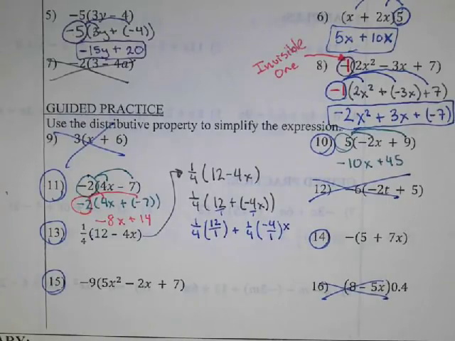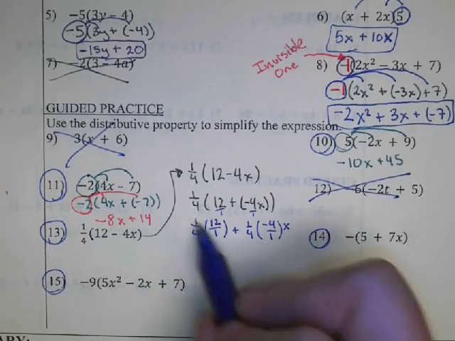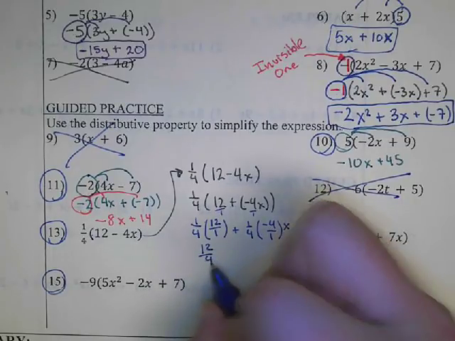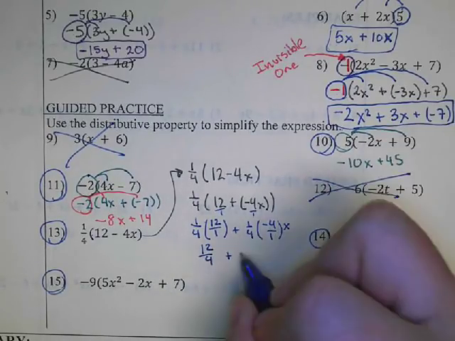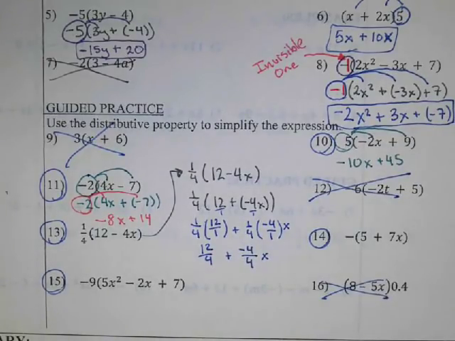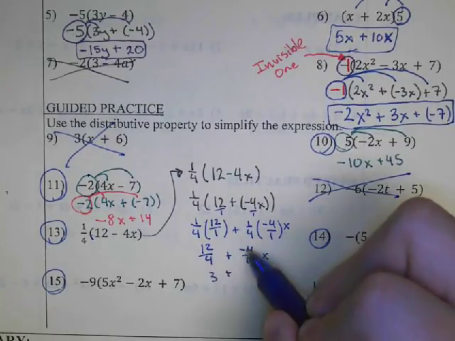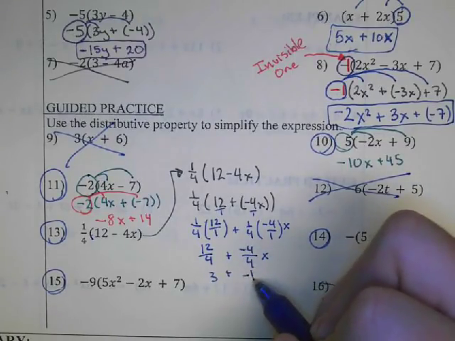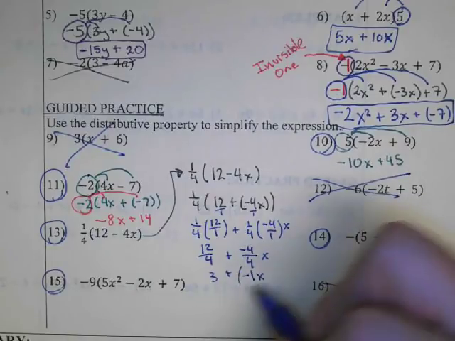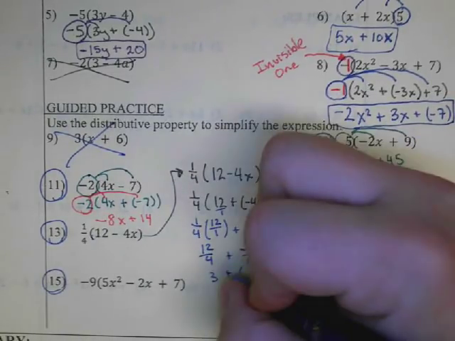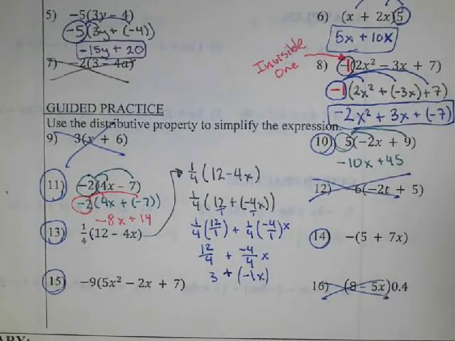Now let's simplify. 1 times 12 is 12 over 4 plus 1 times negative 4 is negative 4 over 4x. Clean everything up. 12 divided by 4 is 3 plus negative 4 divided by 4 is negative 1x. Since we have it following the plus sign, we'll put parentheses around that one. So we get 3 plus negative 1x.